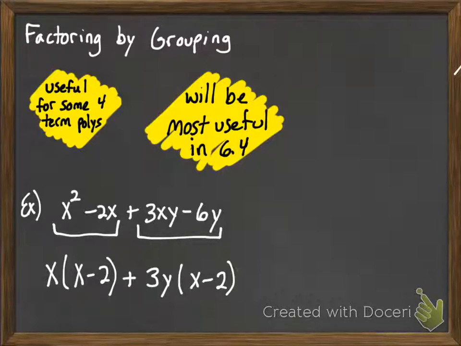Now, when factoring by grouping works, you're going to have the same thing showing up in both of those. In this case, we have an x minus 2 showing up in both. Before I finish this problem, consider the following problem.